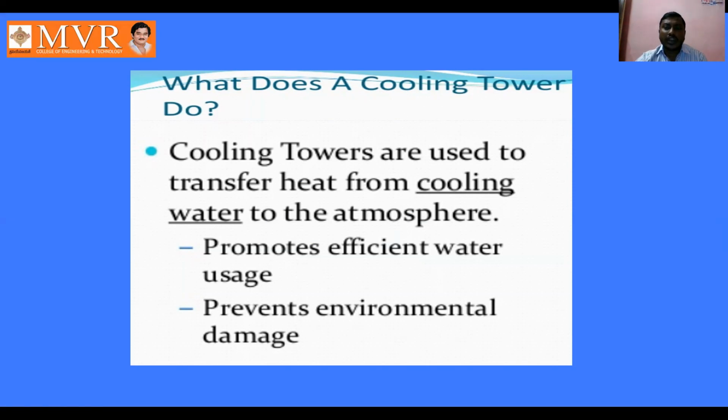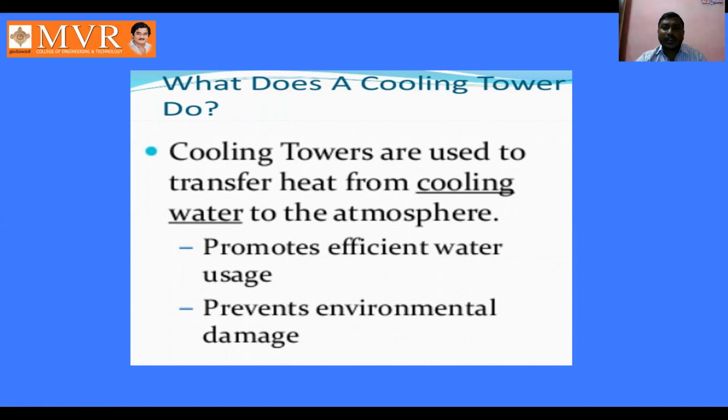We are not using any fans in a natural draft cooling tower. Without using any fan, we get the air from the atmosphere because there is a pressure difference between the cooling tower and the atmosphere. Due to this pressure difference, the air directly enters into the cooling tower.